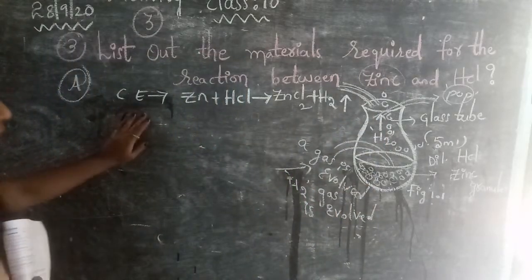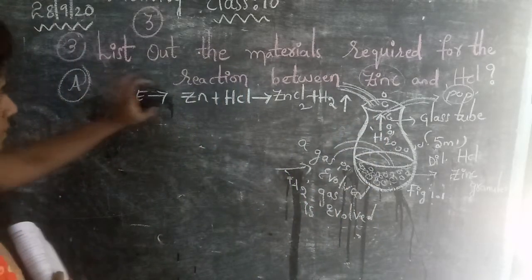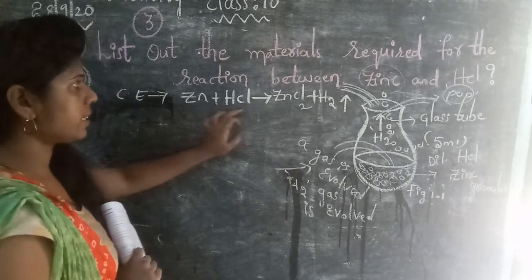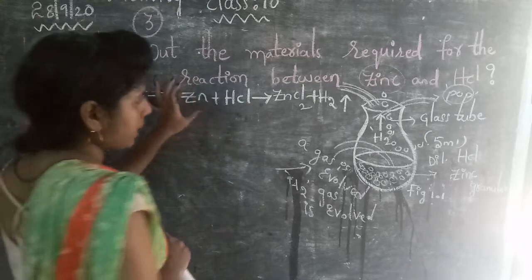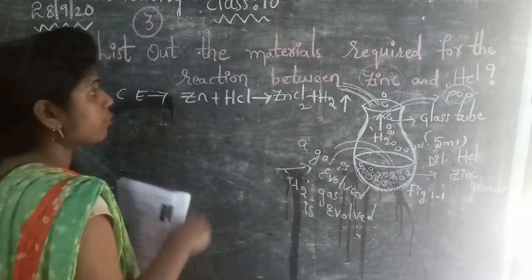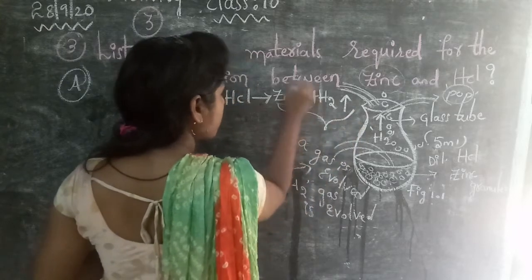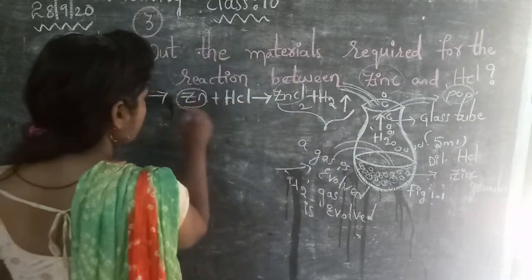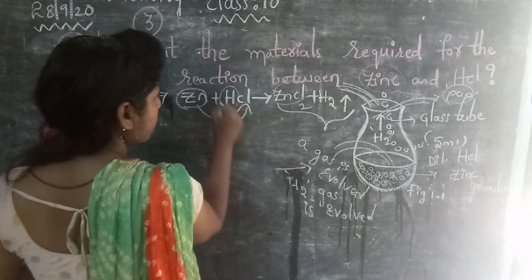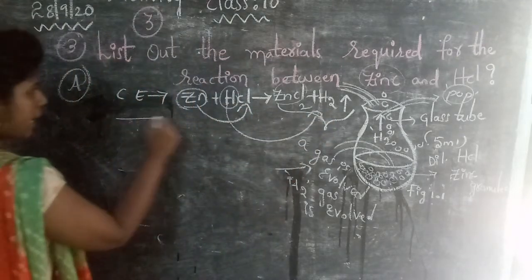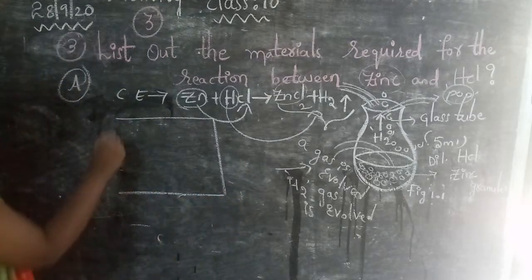Once again I am telling, the chemical equation: zinc is denoted with the symbol Zn. HCl means hydrochloric acid. Gives rise to... if both react, what is formed? The final product is zinc chloride plus, which gas is liberated here? Hydrogen gas is liberated.